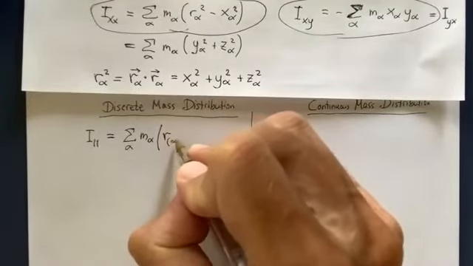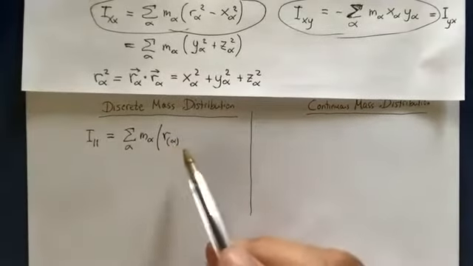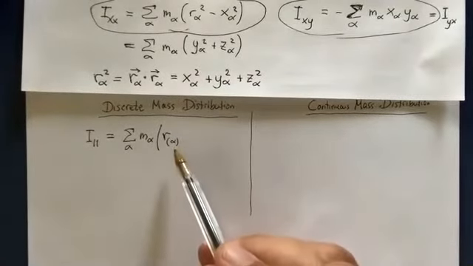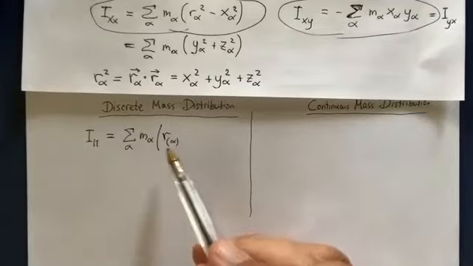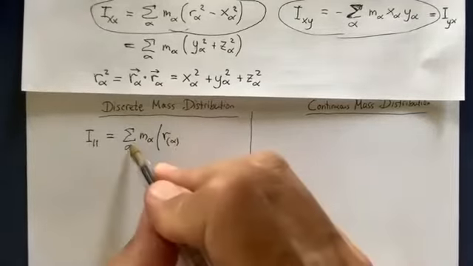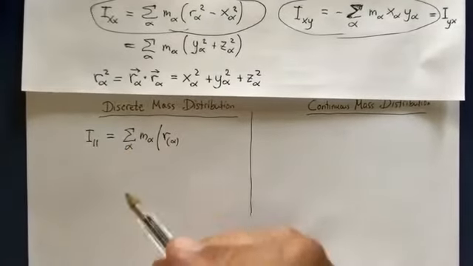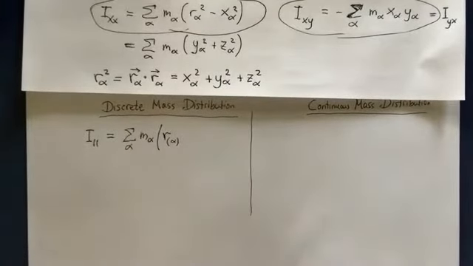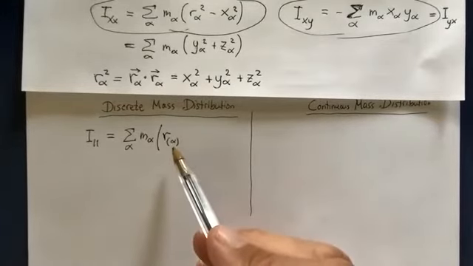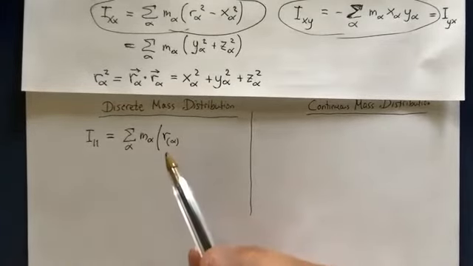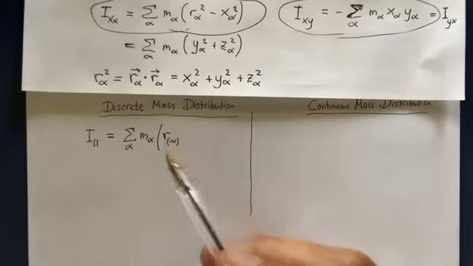We're going to have to somehow indicate that this alpha is a particle label index, not one of the components 1, 2, 3. Remember, this is an integer. Alpha starts at 1, 2, 3, and if you have 1,000 particles, it goes up to 1,000. But we have to use parentheses to indicate that this index is on a different footing. It's not one of the 3 Cartesian components. Okay, so far so good.